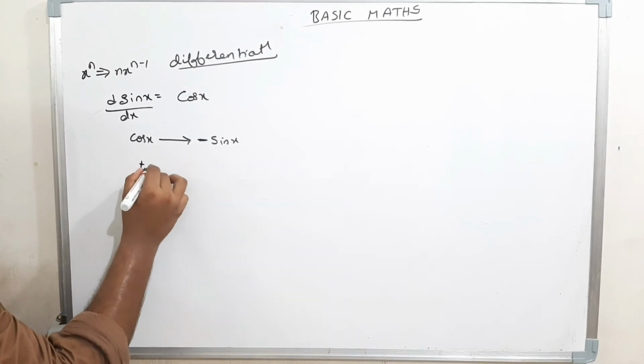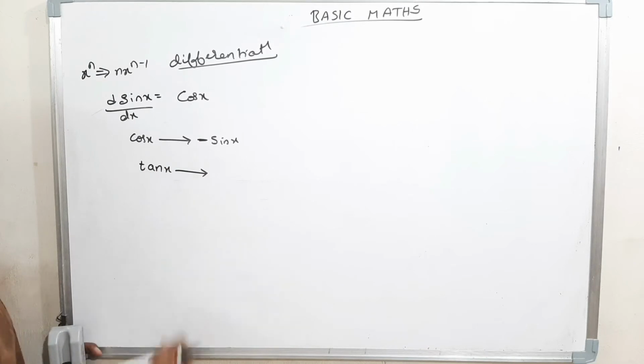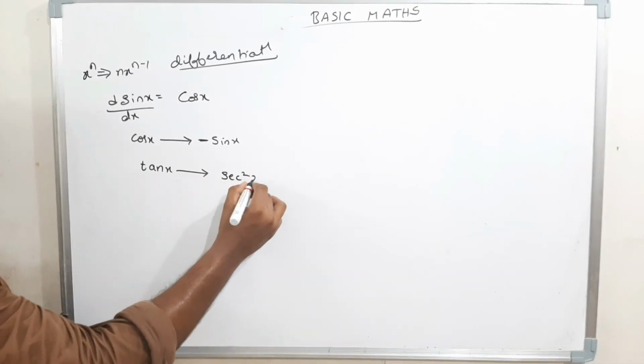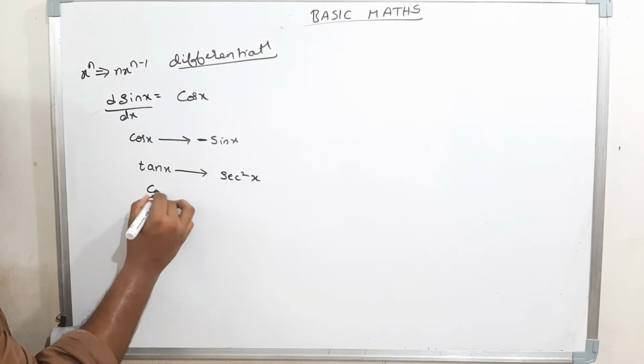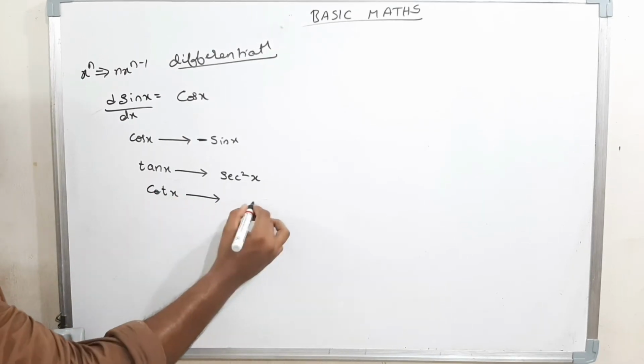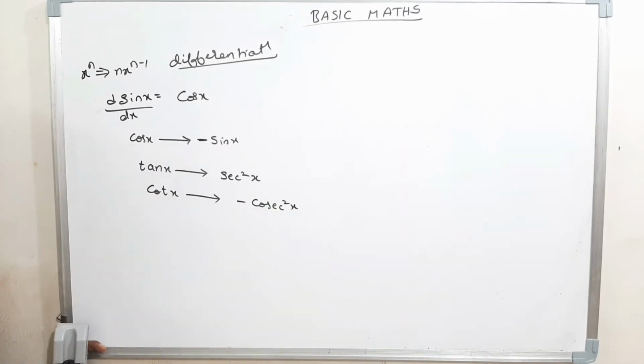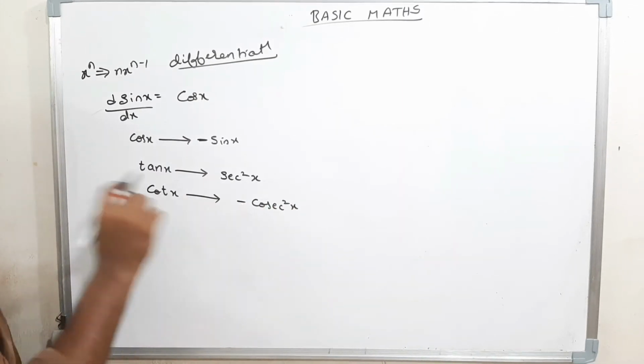Next, differentiation of tan x. The differentiation of tan x is secant square x. Differentiation of cot x is minus cosecant square x. Minus will come. Be careful.